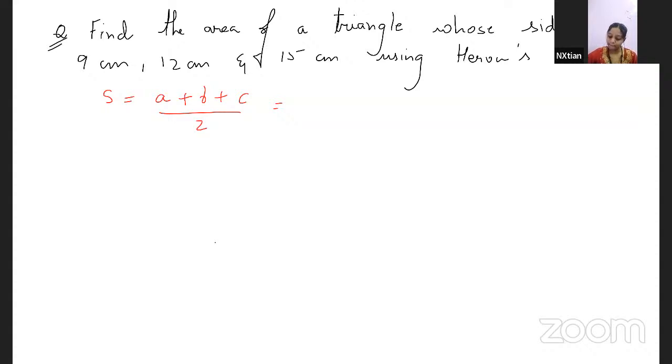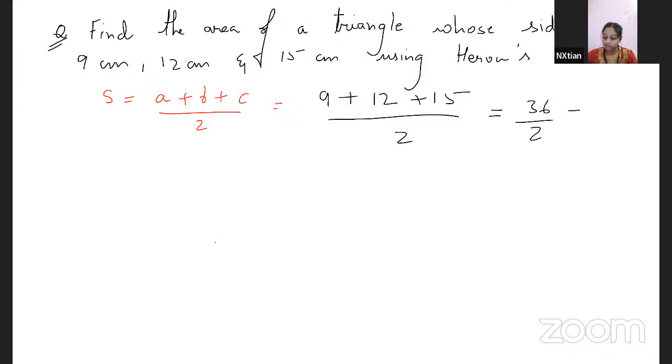Okay, now we have 9, 12 and 15, divided by 2. What is the total? 36 by 2. Now 18. Okay, we have 18 as half of 36.